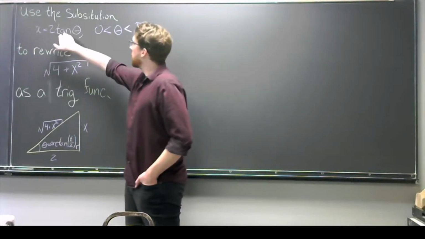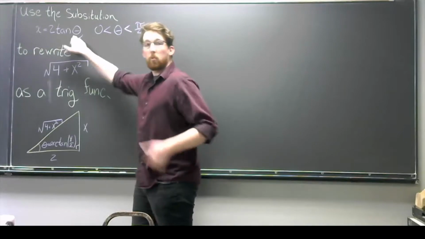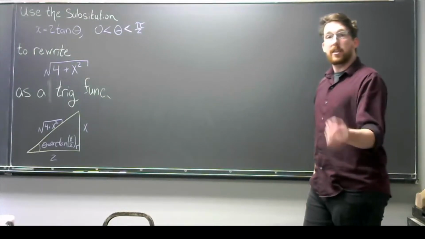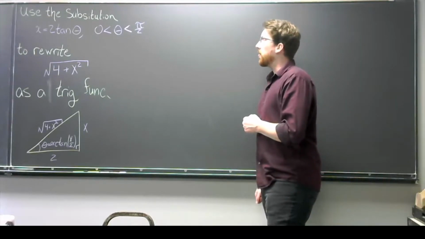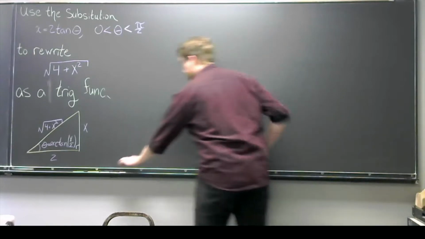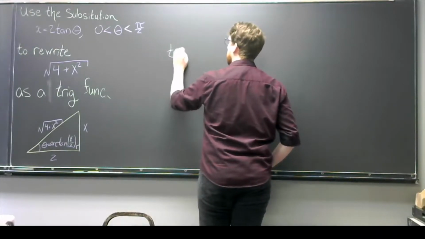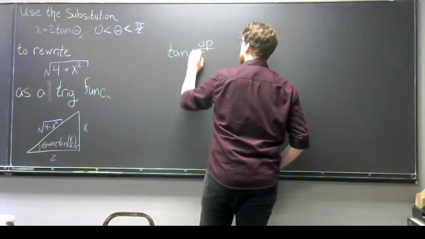So notice, when we say x is equal to 2 times tangent theta, what this implies is that tangent theta is equal to x over 2. Well, if that's the case, we know that tangent is equal to the opposite over the adjacent.